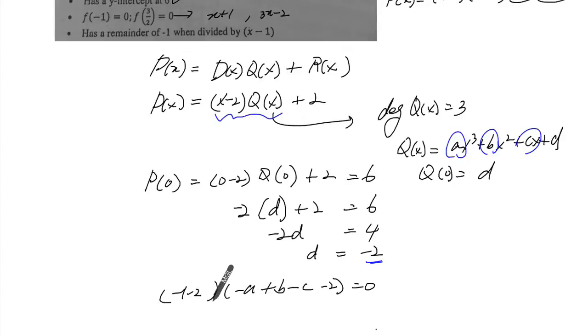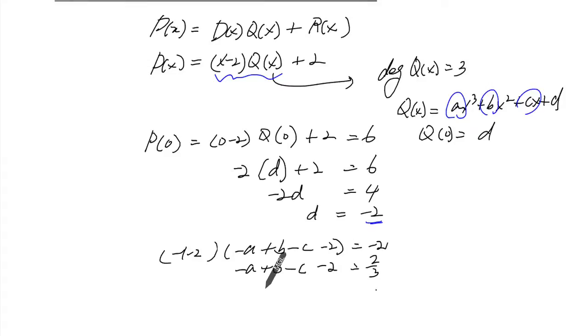So this is equal to minus 2, so it'll add with this 2 to become 0. So we have minus a plus b minus c minus 2 is equal to negative 2 over negative 3, which is 2 over 3.